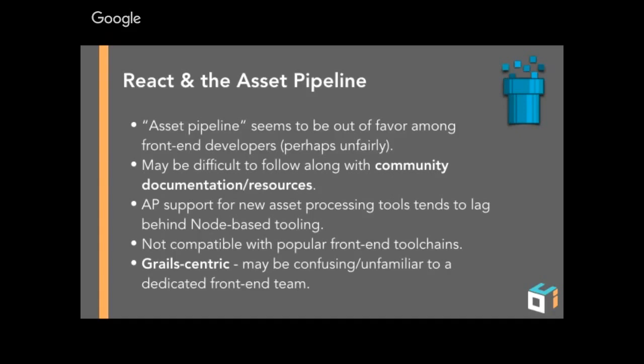I've had some communication with Dave Estes, the author of the asset pipeline, and he will argue that as far as performance and other factors, it's a better approach than Webpack, but I'll let others have that debate.